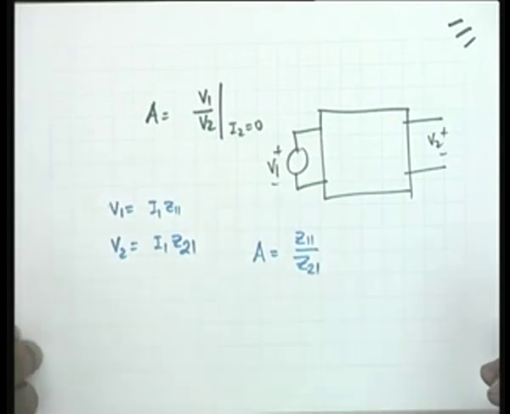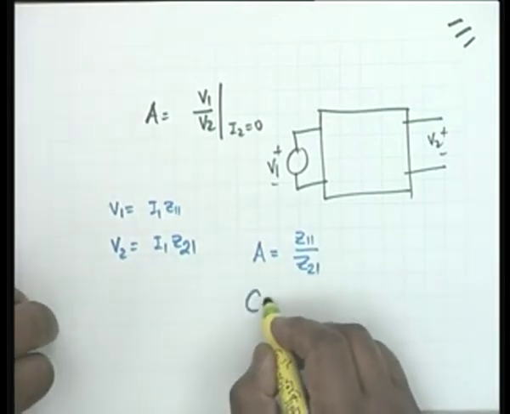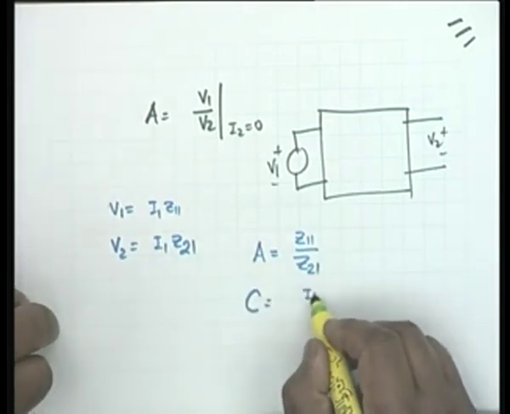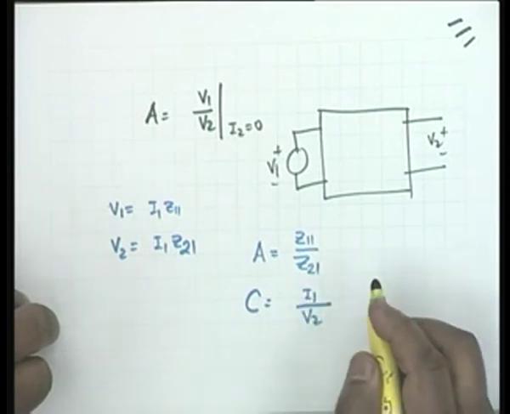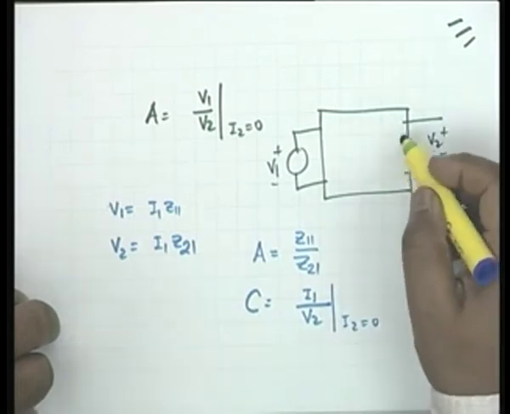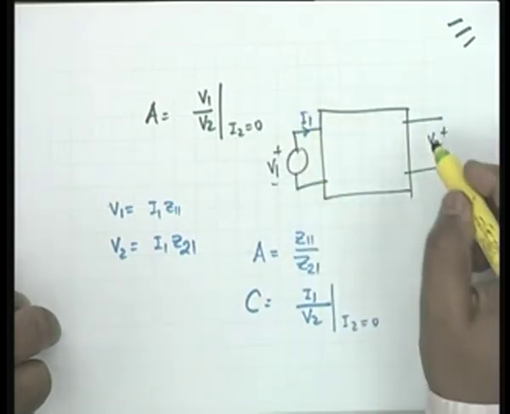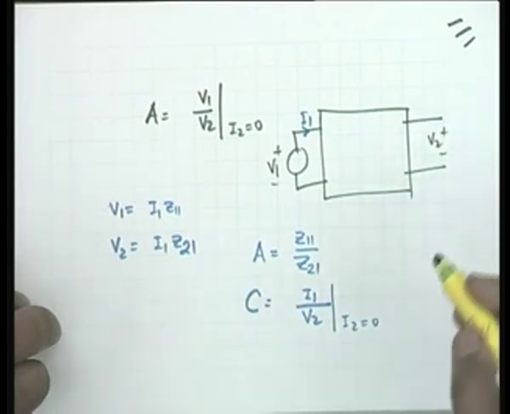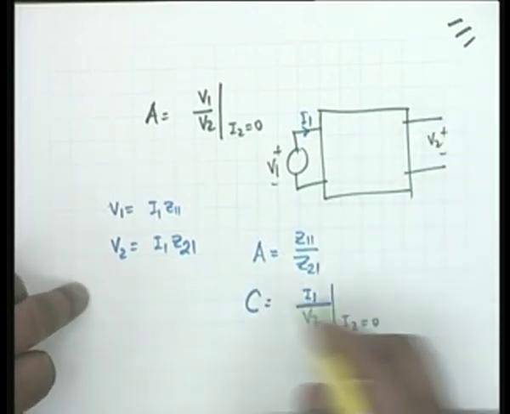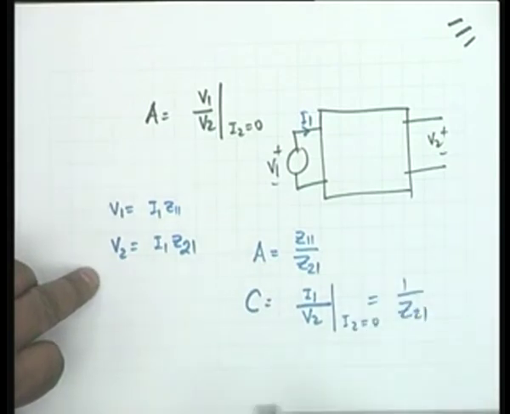The other parameter that we can find out from here is the C parameter. C is I1 by V2, if I am not mistaken, with I2 equal to 0. So, I1 is this current and V2. Can you tell me what? Pardon me? 1 by Z21. That is correct. 1 by Z21.